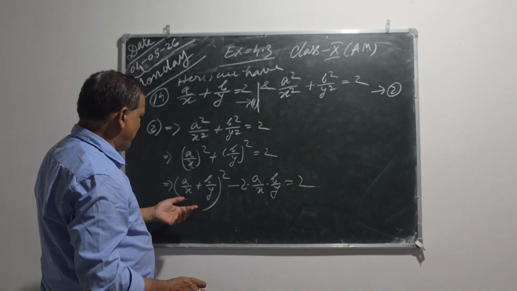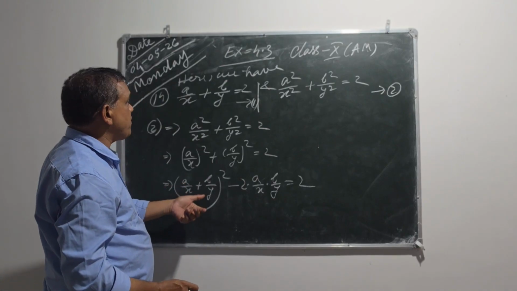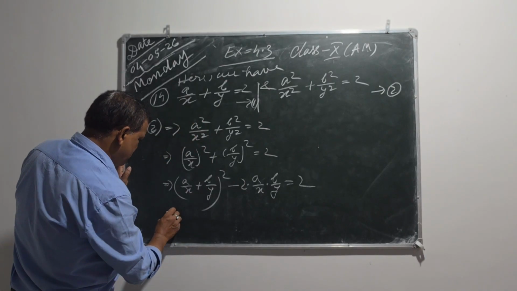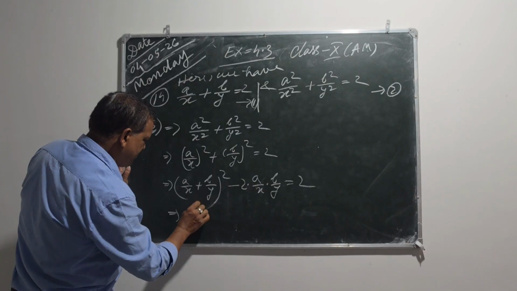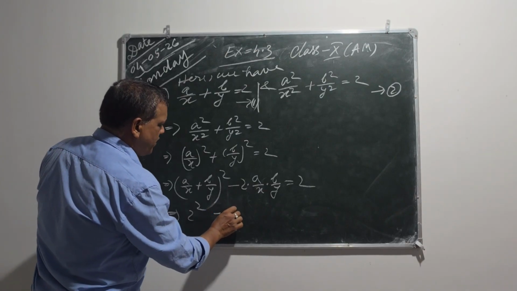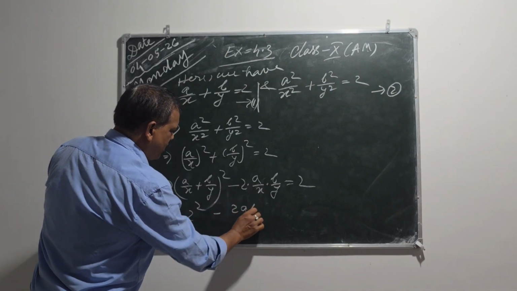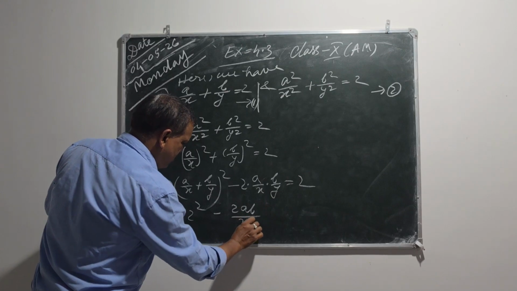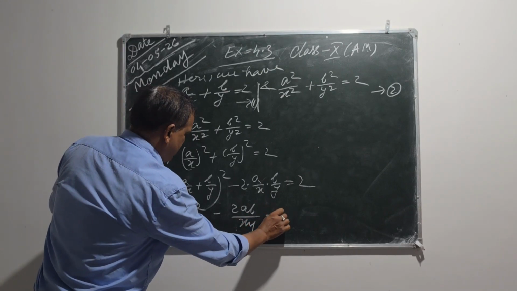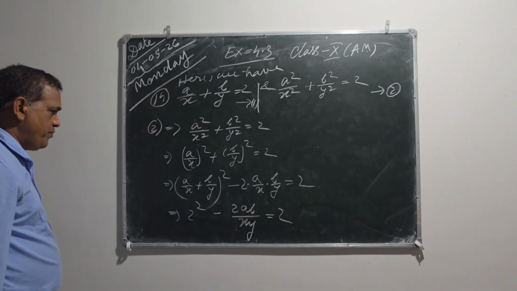So let us replace a by x plus b by y equal to 2. So this can be replaced by 2 square, minus twice ab by xy, and the right side is here 2.